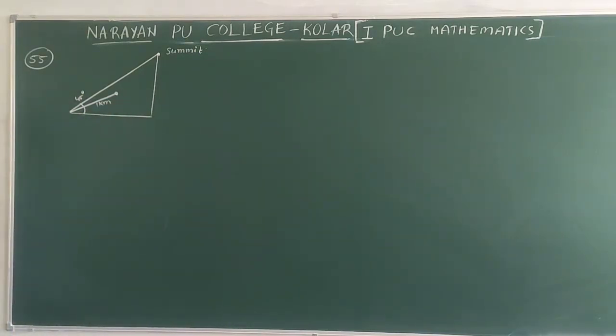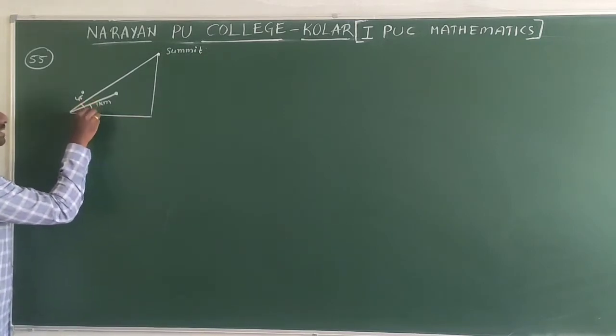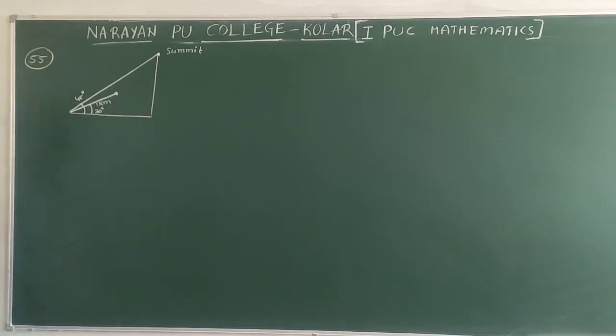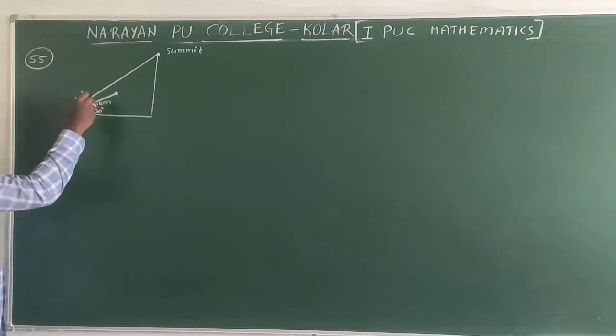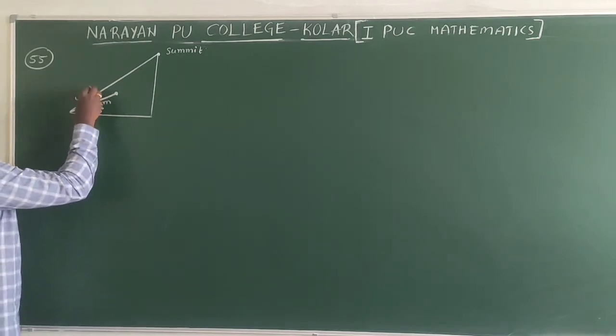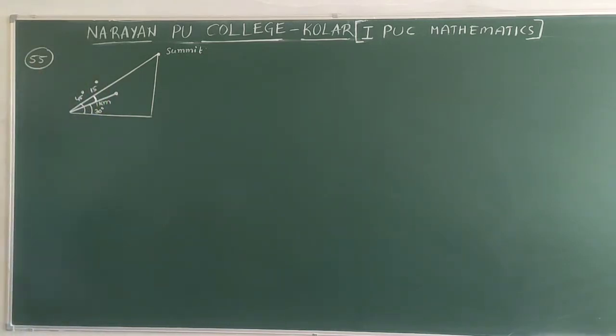So after traveling 1 kilometer, the slope of inclination means this angle will be 30 degrees. This total is 45, this angle is 30, that's why the remaining angle is 15 degrees. Again after traveling this 1 kilometer, he finds the elevation will be 60 degrees.